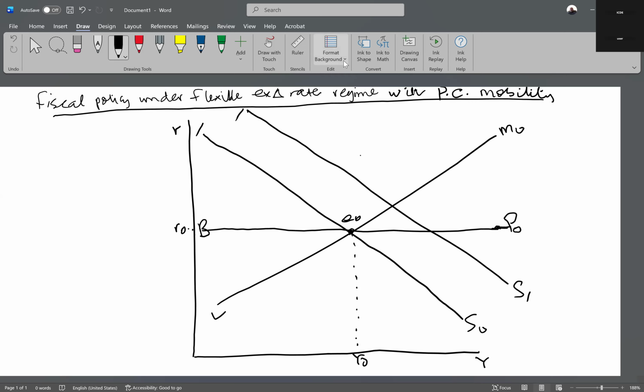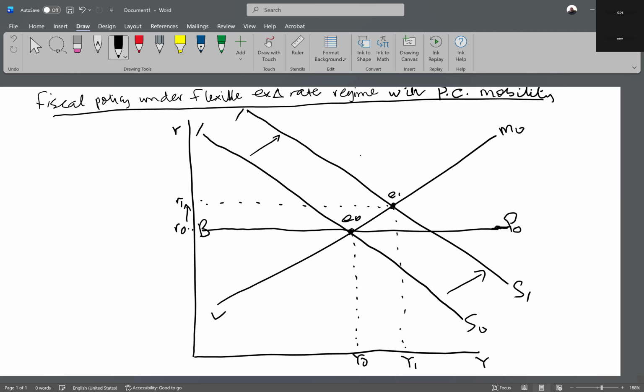Fiscal policy leads to a shift of the IS curve from IS0 to IS1, increasing income from Y0 to Y1, and interest rate as usual rising from R0 to R1. So we are at point E1.